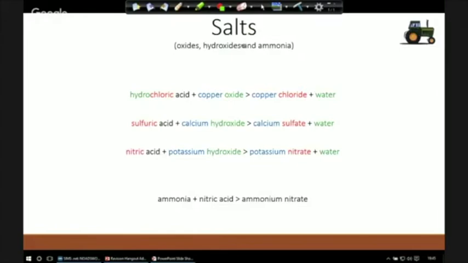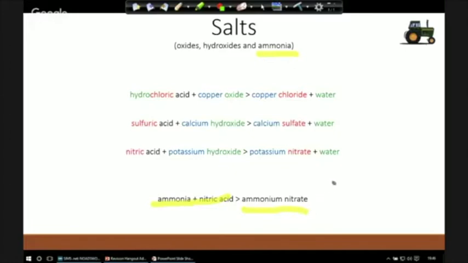Now, finally, with that point, you do need to know very quickly about ammonia. It's in a lot more detail with the Haber process for triple scientists. Specifically in additional, you just need to know that if you take ammonia and if you then react that with nitric acid, we will make ammonium nitrate.